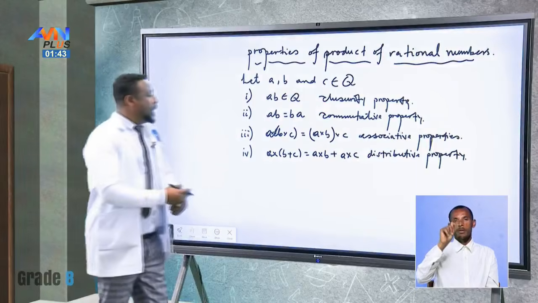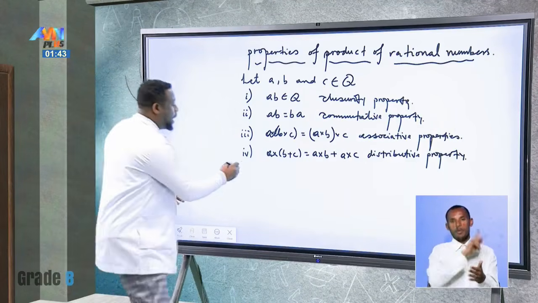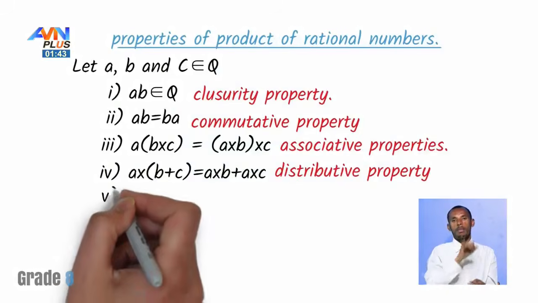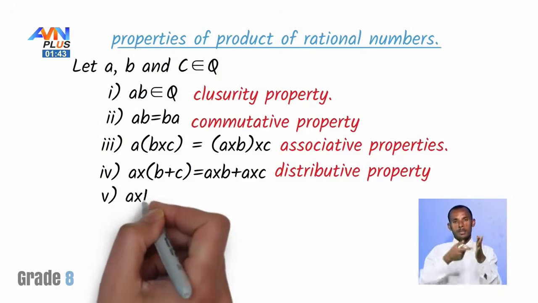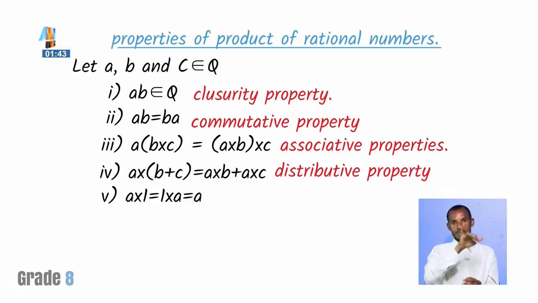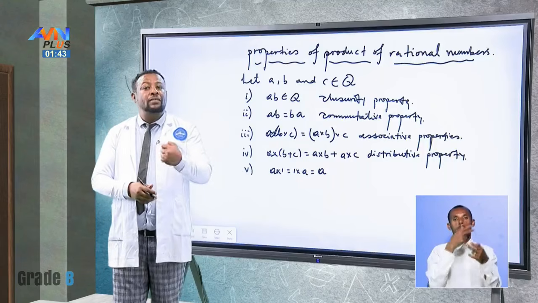And we have also some other properties like multiplicative identity, okay? That means A times 1 and 1 times A are the same and its result is A. This one is called multiplicative identity.